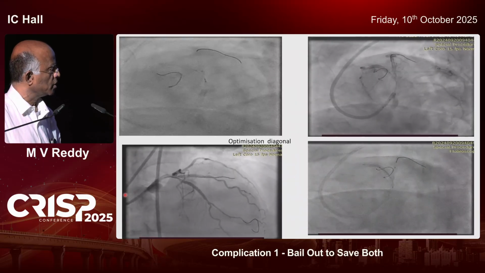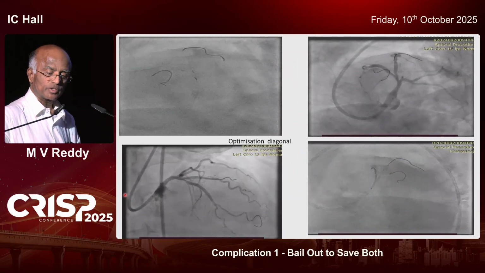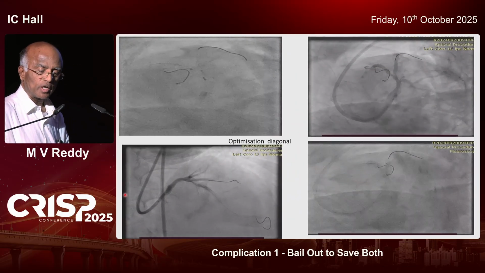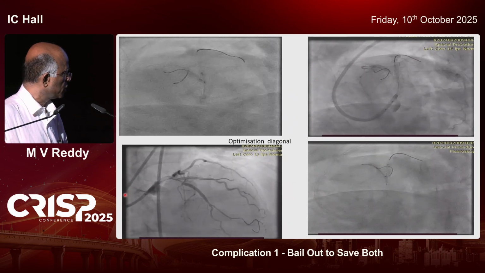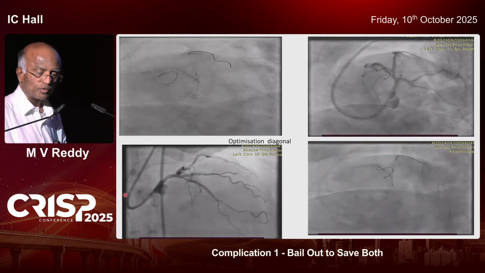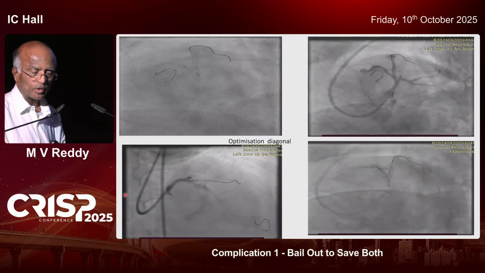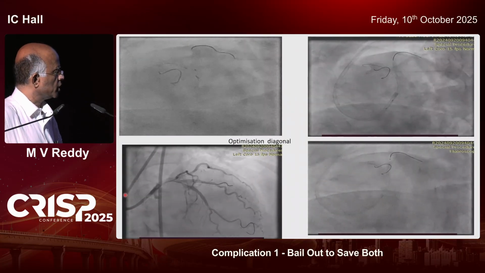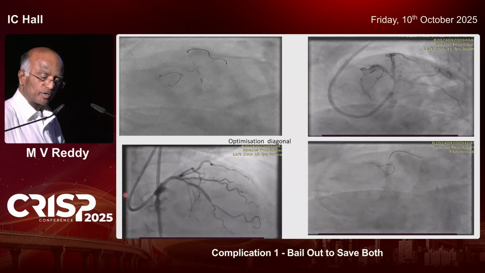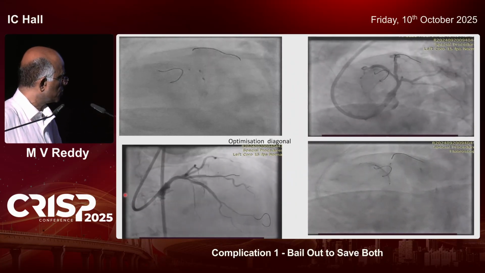I had to change my strategy from LED to LM, because I don't know how much segment I'll get, because there is trauma in the proximal part of the LED, and it appears there is some plaque also there. Then I decided to take the stent from LED to the LM.